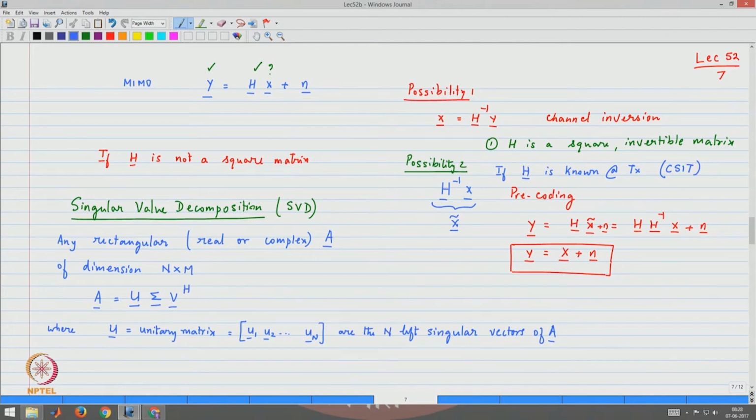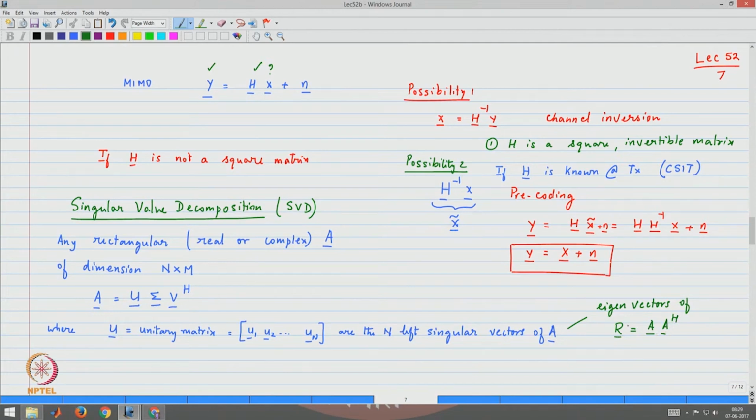It also turns out that we can relate these n vectors to the eigenvectors of an n cross n matrix R, which is given by A times A Hermitian.